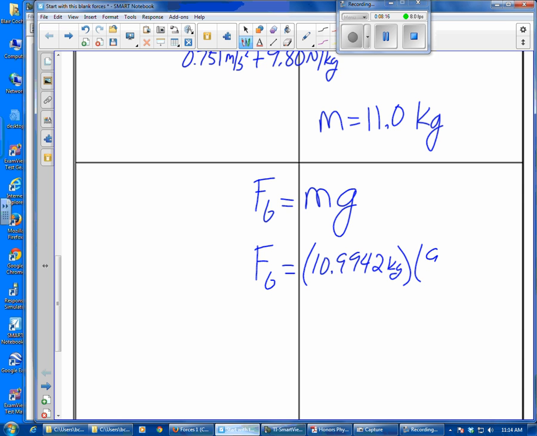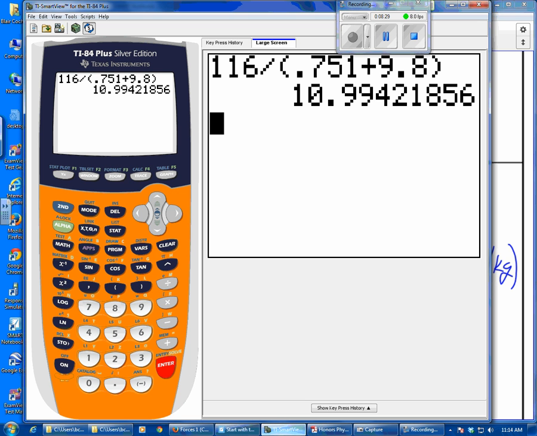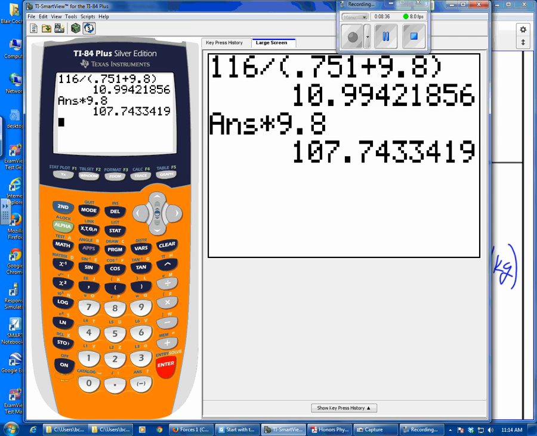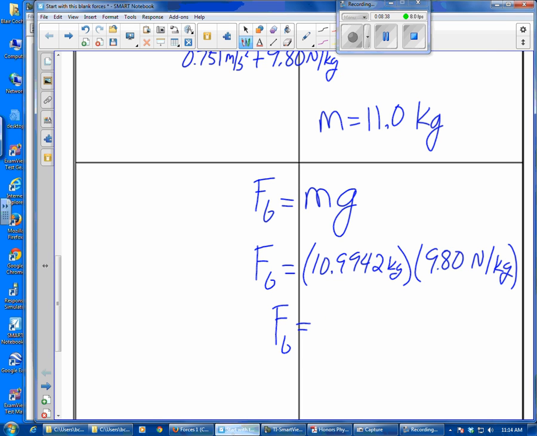That would be times 9.80 newtons per kilogram, giving me an answer in newtons. Let me do my math first. I get 108 newtons.